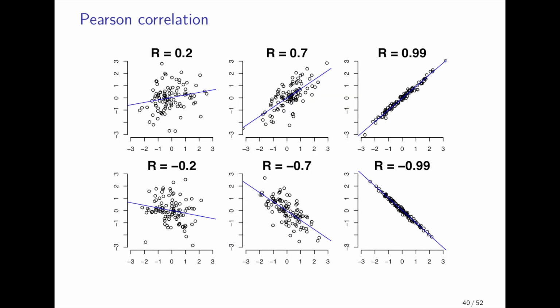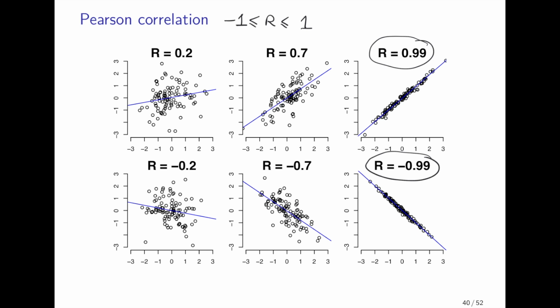Here are a few sample data sets with their Pearson correlation, just to give you an idea of the strength of an association. Let's start with the plots on the right. So if you have correlation very close to 1 or -1, so remember the correlation coefficient, which here we abbreviate as R, has to be between -1 and +1. So if it's very close to +1, then you see the data points are almost perfectly lying on a straight line.